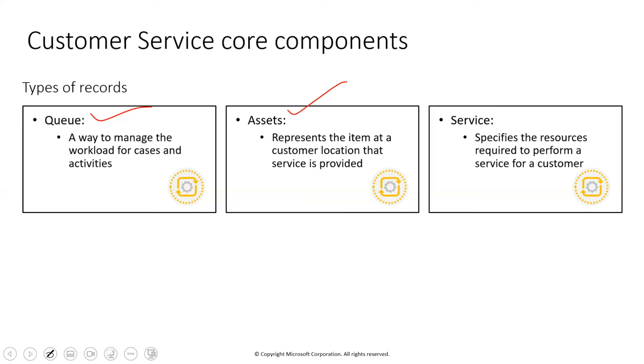In the same way, talking about the assets. So what are assets? Assets represent the items at a customer location where service is provided. So let's suppose we have offered multiple types of services to the customer, and accordingly at the customer's physical locations, we have implanted some IoT devices that are going to help us take coverage of a full building, the entire building, across multiple sections.